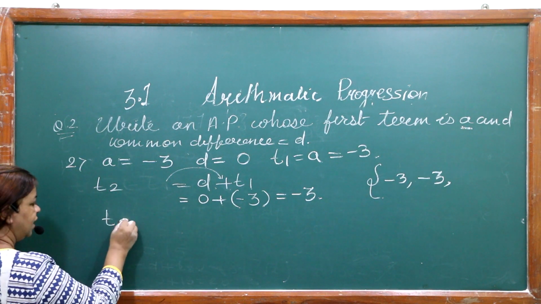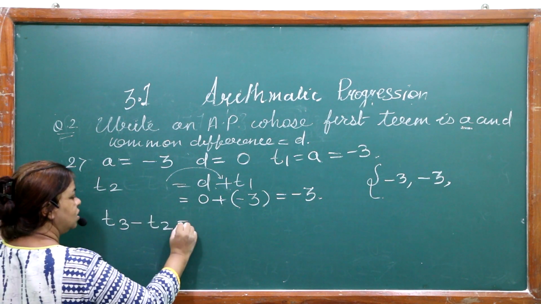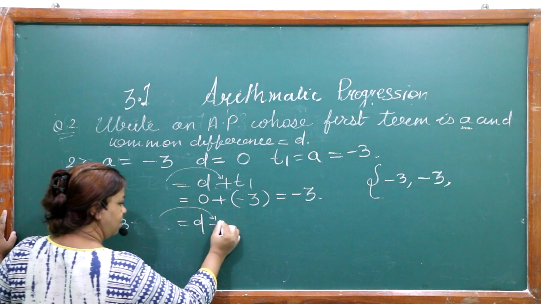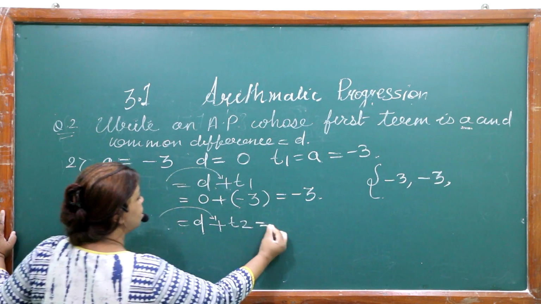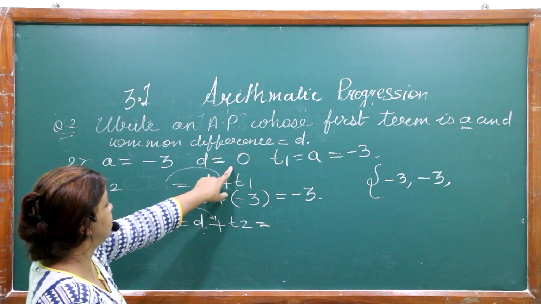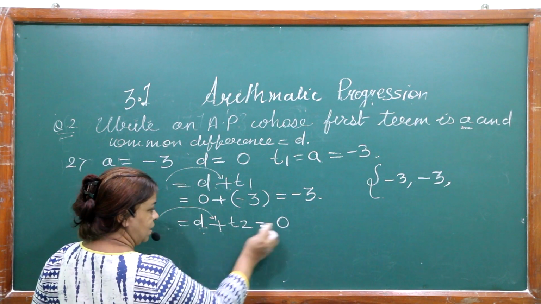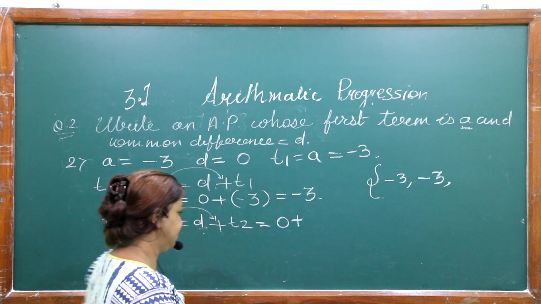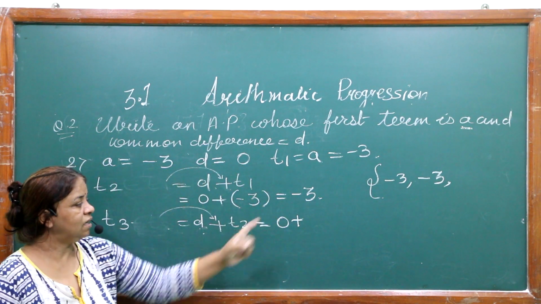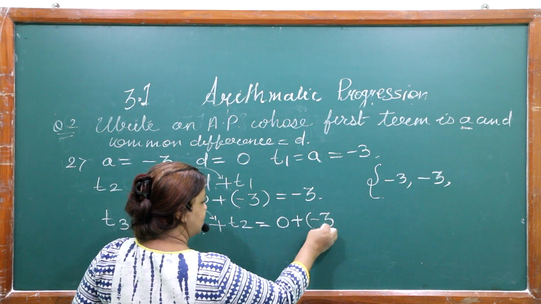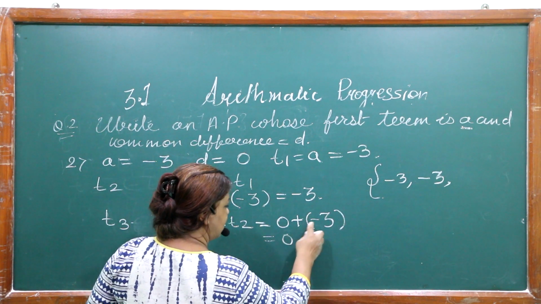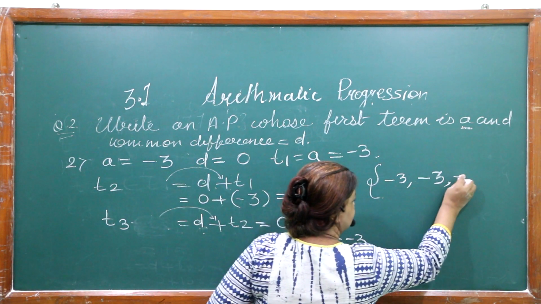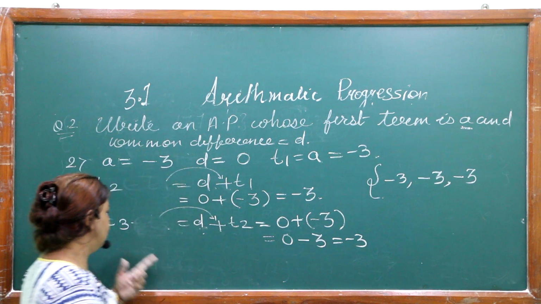Now T3 minus T2 is equal to D again. T2 will shift here, so T3 is equal to D, which is 0, plus term 2, which is minus 3. So 0 plus minus minus 3 is equal to minus 3 again. One more term.